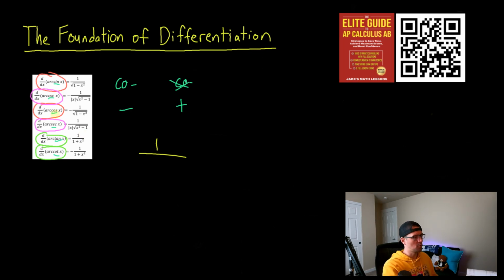The other thing to point out, the sine, cosecant, cosine, secant. So basically the sine and cosine ones, basically anything that doesn't involve tangent, that's going to have a square root. And your 1 and x squared terms are going to be within that square root.